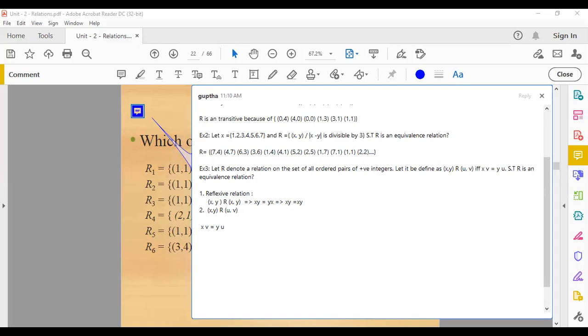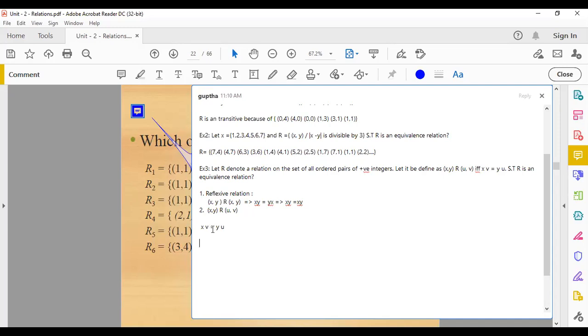Sorry for the interruption, guys. xv equal to yu, they have given, right? Now what is symmetric? Symmetric means (u, v) is related to (x, y).